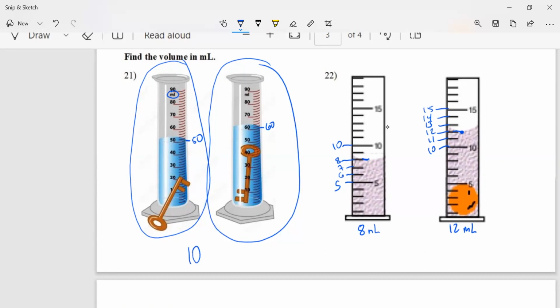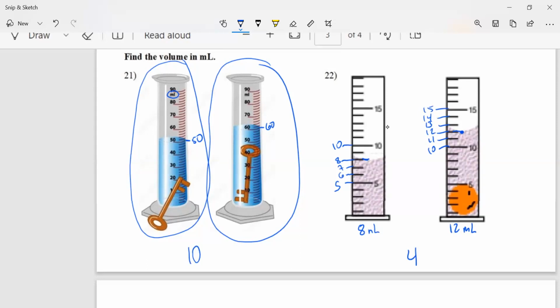For me to find out how much volume is just my orange, I'm going to subtract those two values, 12 minus 8, and I'm going to say this is 4 milliliters. As a matter of fact, my instructions said find the volume in milliliters. So I don't have to type in the measurement because I already said it was going to be in milliliters.